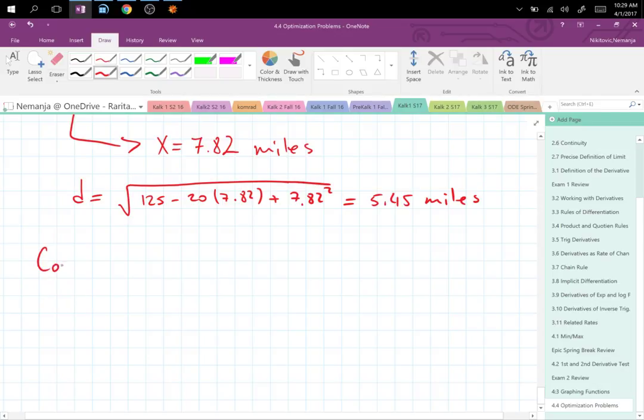So finally, cost for the third case. It's like the fourth time. So cost for the third case for the fourth time is 100,000 times 7.82 plus 250,000 times 5.45.